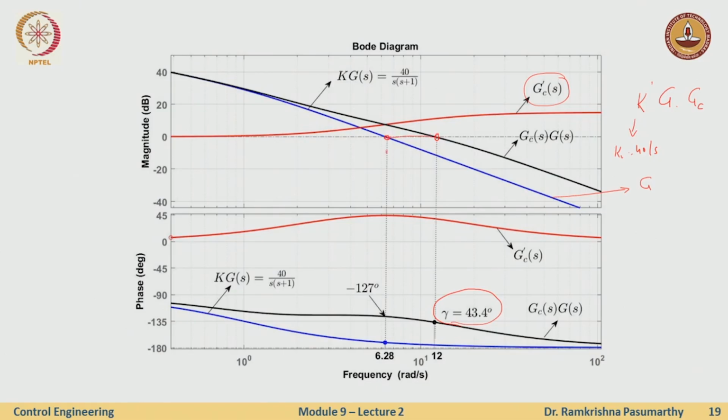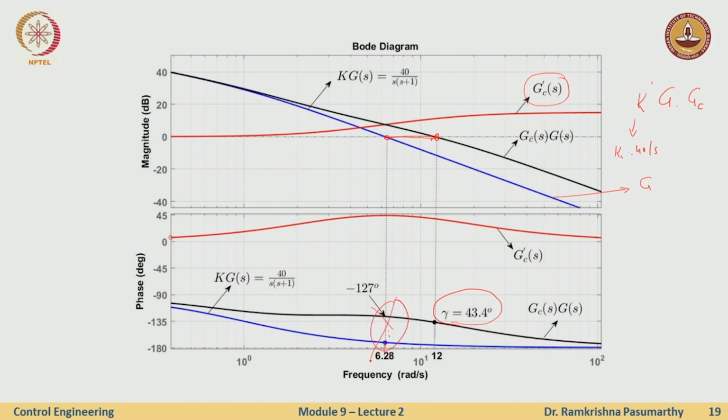We designed our compensator such that the maximum phase lead occurs at this frequency. But that does not satisfy the closed loop conditions, because this point has shifted to the right, and therefore we should have gamma at this new crossover frequency to be 53, not here. This is not useful to me.